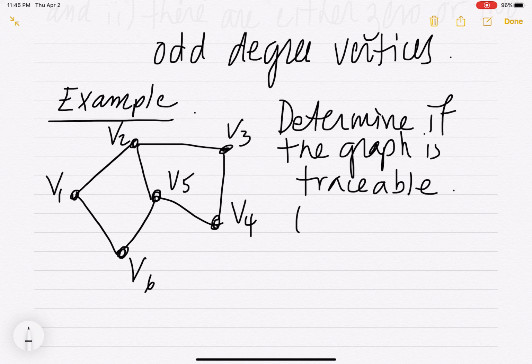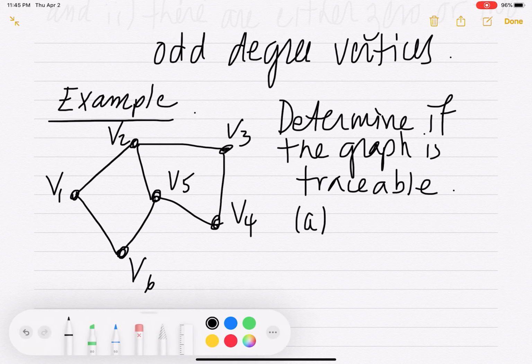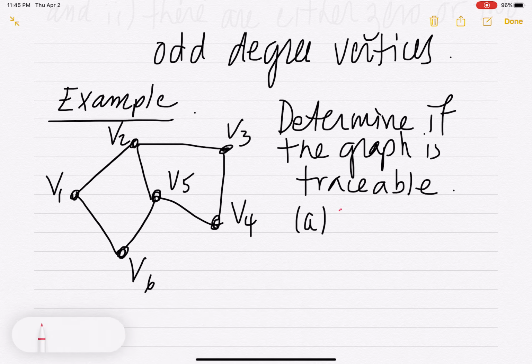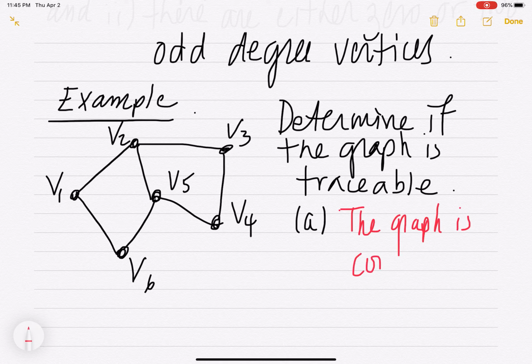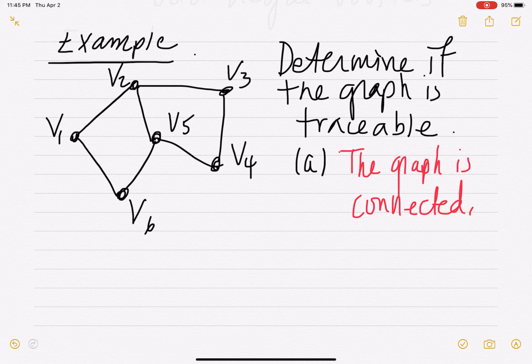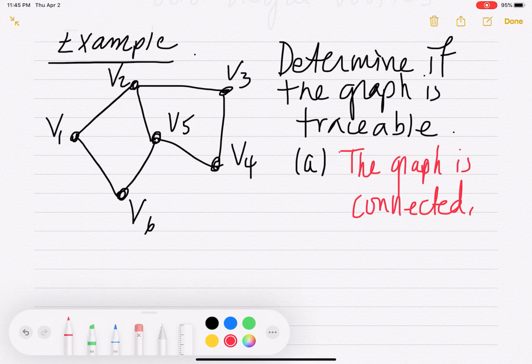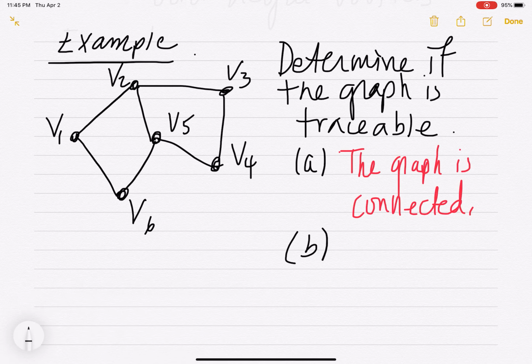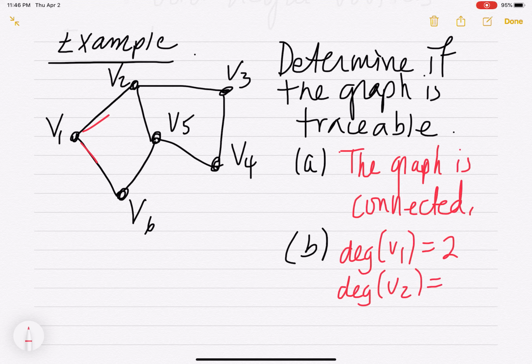So first of all, is it connected? Yes. The graph is connected. So we meet that first criterion, right? One of the first criterion that has to be satisfied is the graph has to be connected. Now let's look at the degree of the vertices. What's the degree of V1? Well, V1 has degree 2. What's the degree of V2? V2 has degree 1, 2, 3.